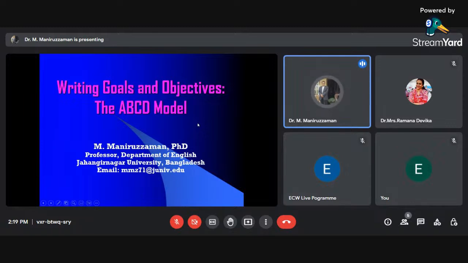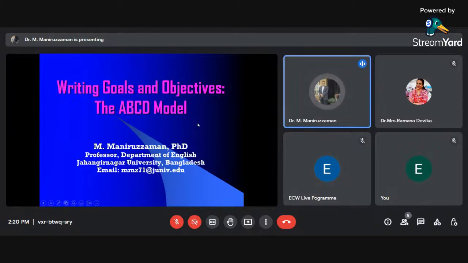Let's first try to understand what goals and objectives stand for. Goals and objectives actually mean two different things. Listing the course goals and objectives is the clearest way to communicate expectations to students.